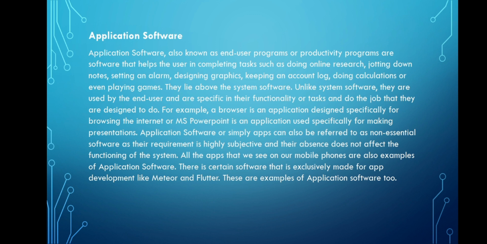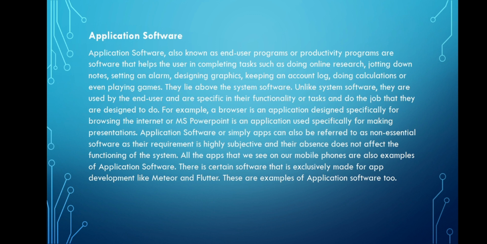For example, a browser is an application designed specifically for browsing the internet. MS PowerPoint is an application used specifically for making presentations. Application software, or simply apps, can also be referred to as non-essential software, as their requirement is highly subjective and their absence does not affect the functioning of the system.